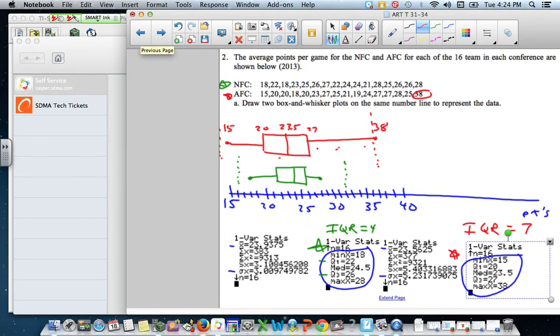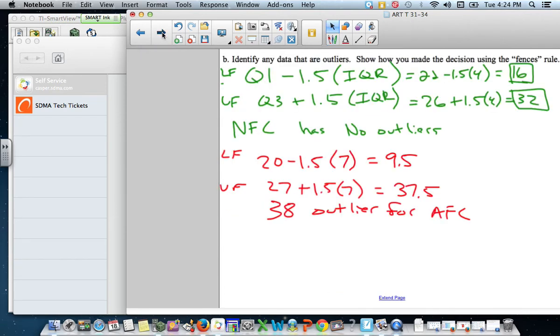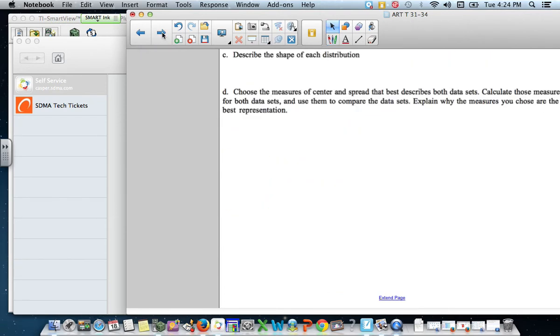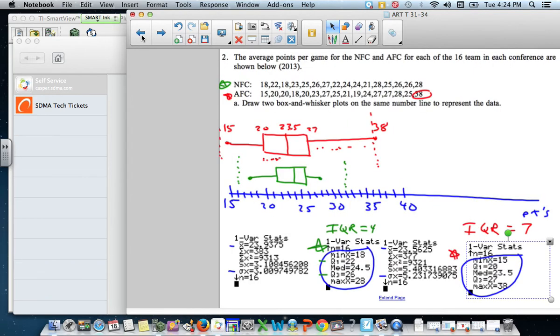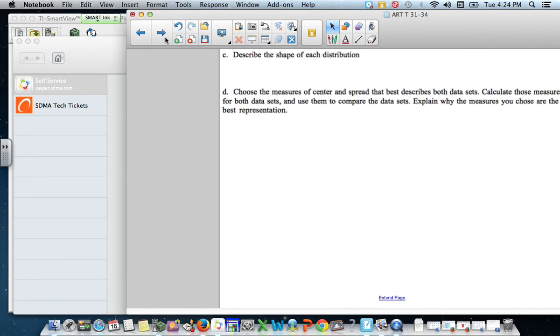But also, to counter that, the left side of the box is longer than the right side. So in one sense it's right skewed, in the other sense it's left skewed. So I think the best answer is that the, which one was that? That was the AFC is symmetric.